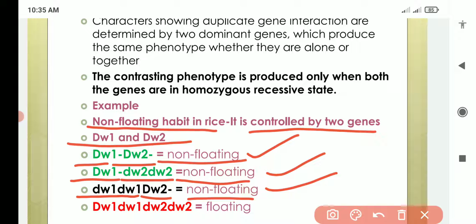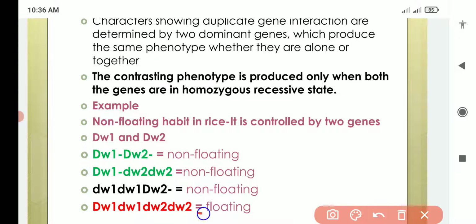So when the dominant alleles of both genes are present together, non-floating habit is observed. When only one dominant gene is present and the other is recessive, then also non-floating habit is observed. When the second dominant gene is present and the first gene is in recessive state, then also non-floating habit is observed.